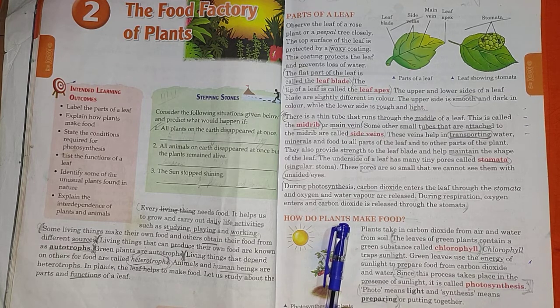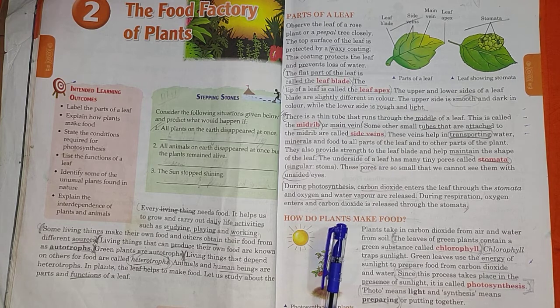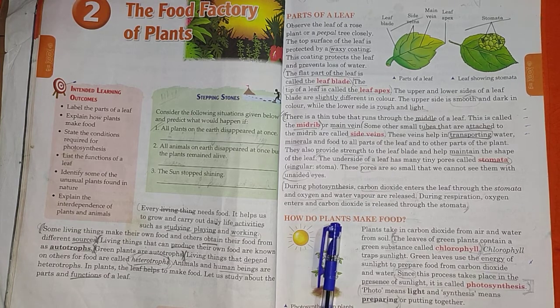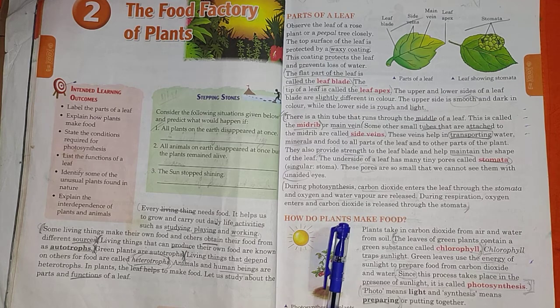All the leaves that you saw, except for one, I hope you remember, all of them are green in color because they contain chlorophyll. Chlorophyll is the main substance which, when present in the leaf, can make the food.